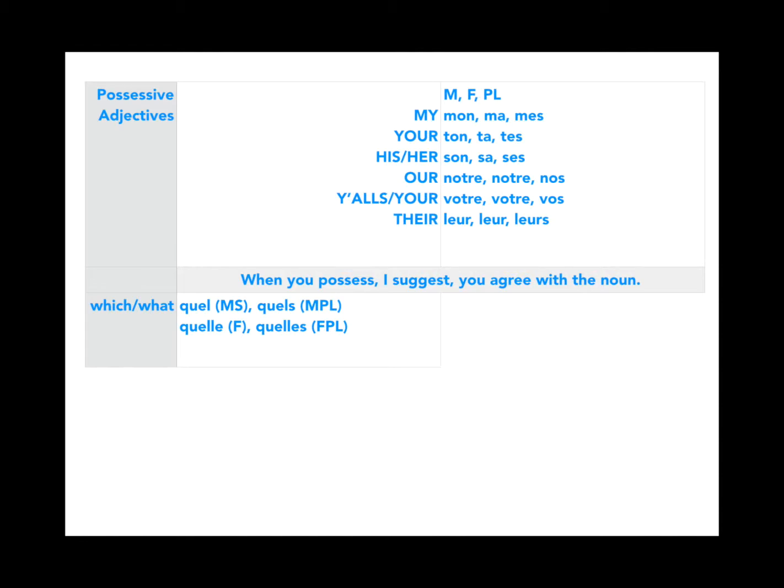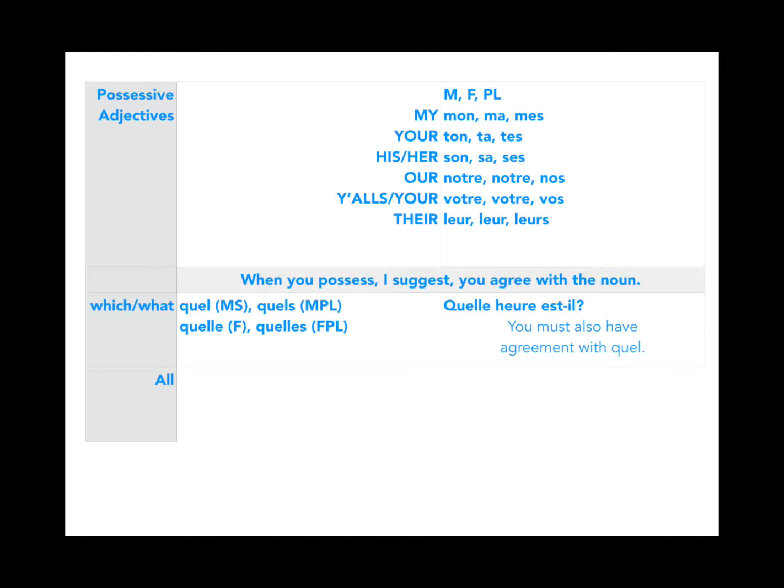The bottom first one is feminine singular, and then the second one on the bottom is feminine plural. Okay, so if you say quelle heure est-il? Heure is feminine, okay? So you have to put the feminine form of which, what in front of heure.